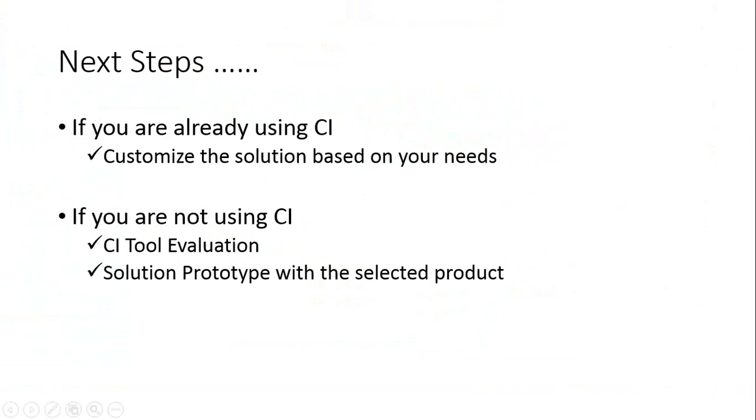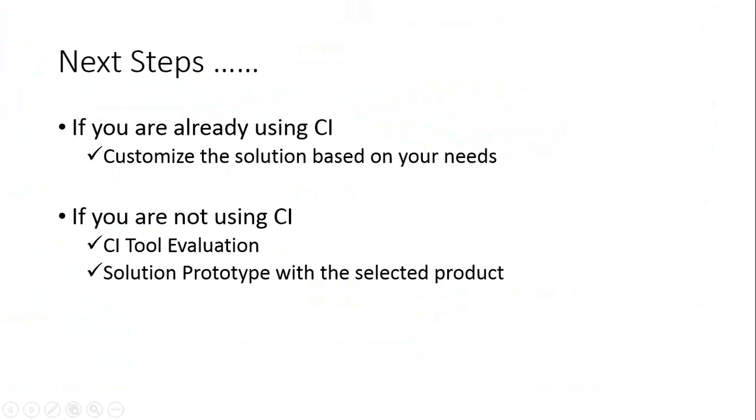Now, what are the next steps based on this session? I've already seen that some of you are already using CI. So if you're already using CI, if you want to explore further, you could use this solution or customize the solution based on your needs. I've also seen there are so many of you very keen to implement the CI in your organization.